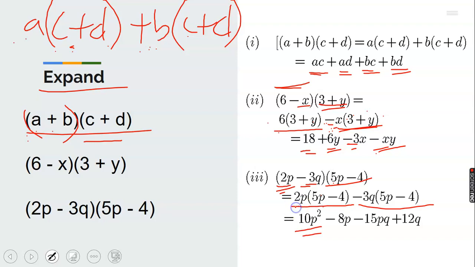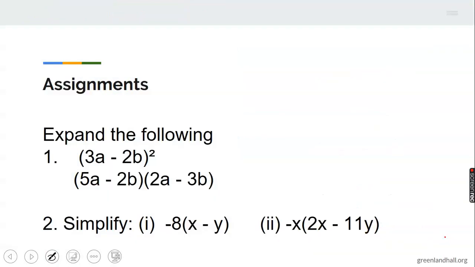And 2p times minus 4 equals minus 8p, minus 3q times 5p equals minus 15pq, minus 3q times minus 4 equals plus 12q. That is how to expand a bracket.